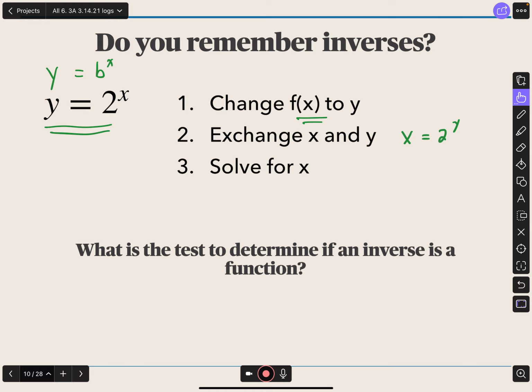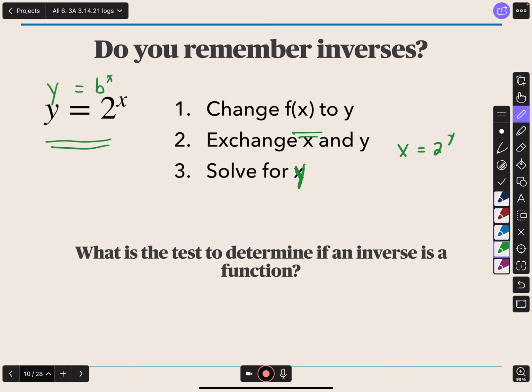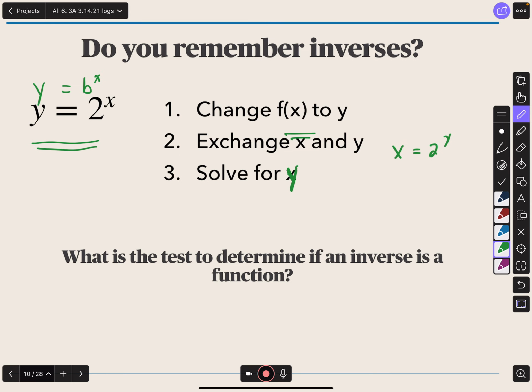There we go. So I exchanged my x and my y, and now I'm supposed to solve for y. But I can't do this. I just have no way to y root both sides.